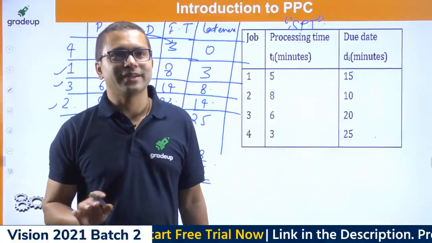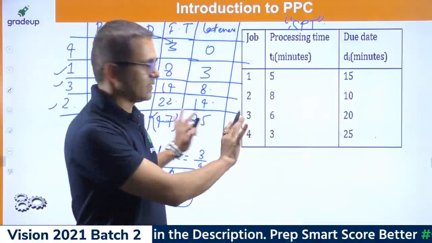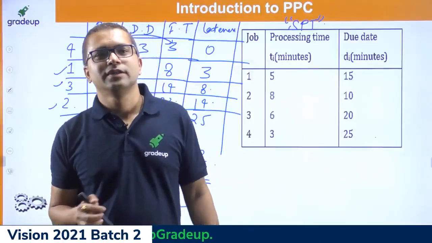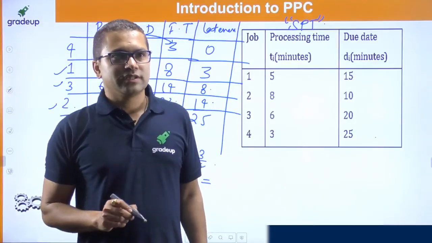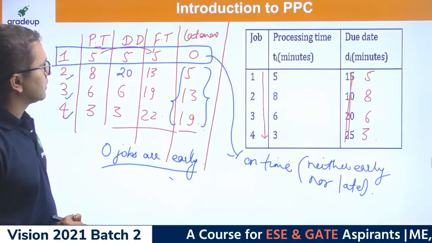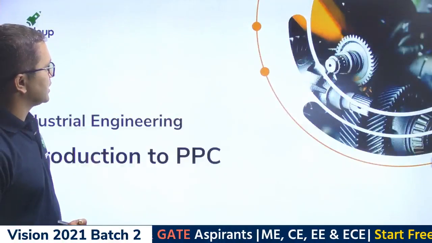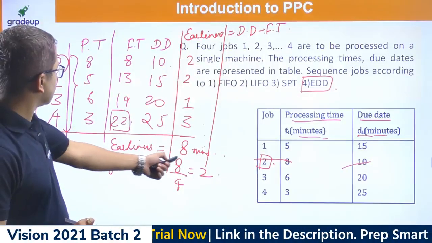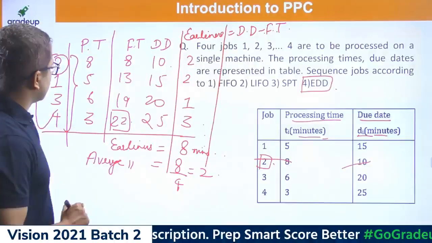I'm not going to write it here for you because I'm not going to spoon feed you. Please do this according to shortest processing time. Actually, we have done EDD already, we started with EDD.